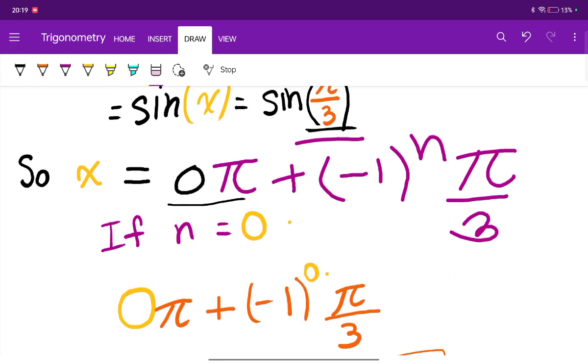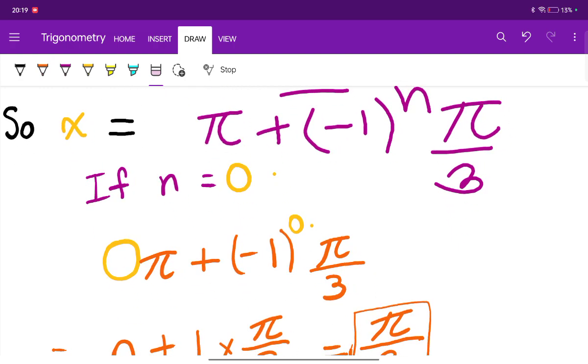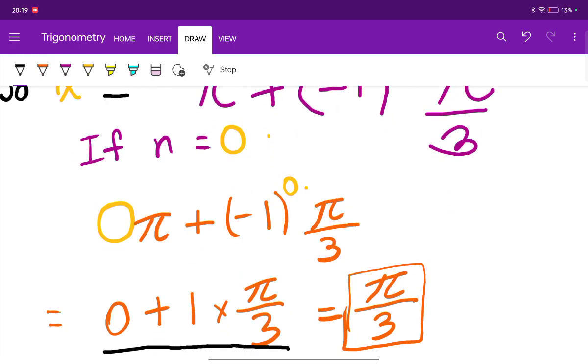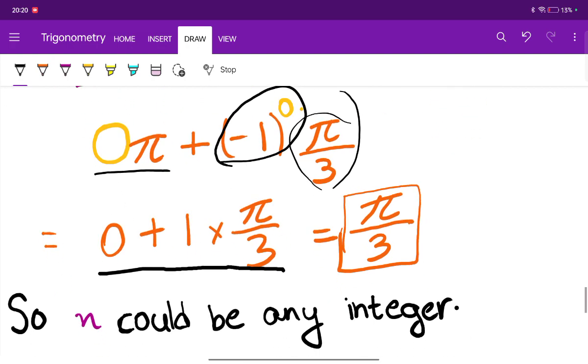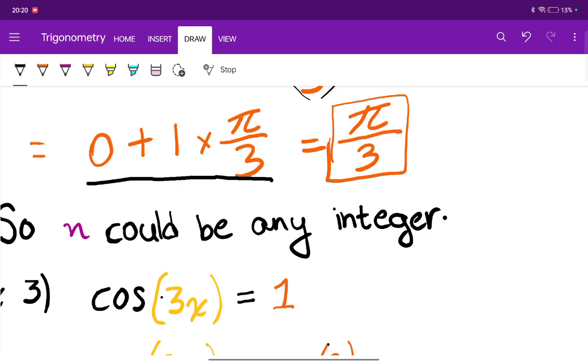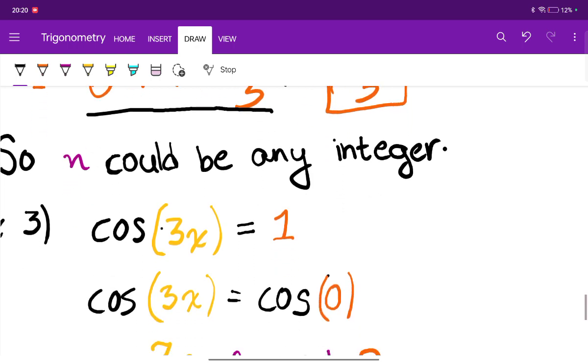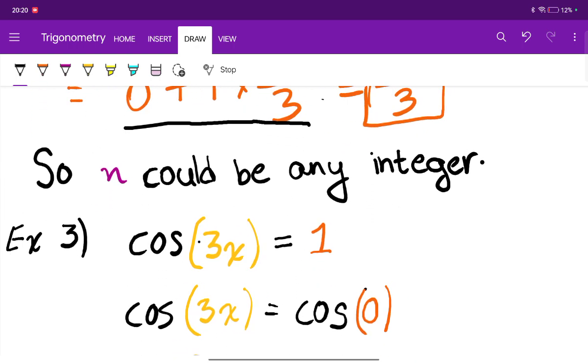So if n was equal to 0, then there will be 0π plus (−1) to the power 0 into π/3. So we got 0 plus 1 into π/3, and this means 1 into π/3, which is equal to π/3 plus 0. In here n could be any integer.